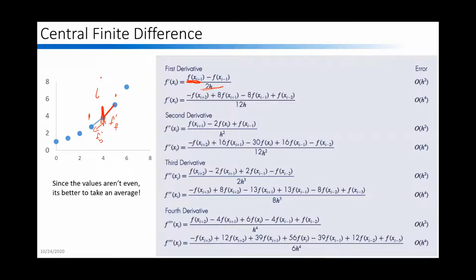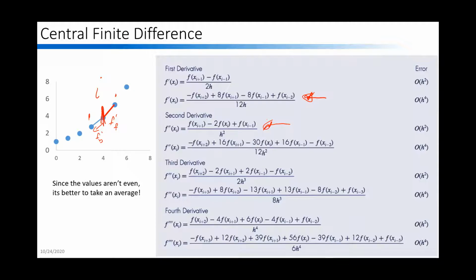This is because when I do my finite differences, I have the larger value minus the smaller value, and then when I do the averaging out, that term cancels out. Okay. And so just as before, we can do our Taylor expansion idea to get a second order estimate here. And then we can do the same thing for second order derivatives, third, fourth, etc., at both the first approximation and then that second order.